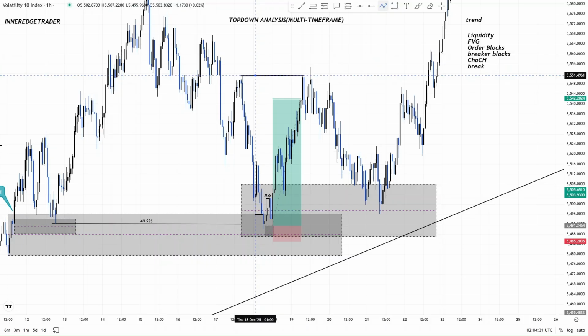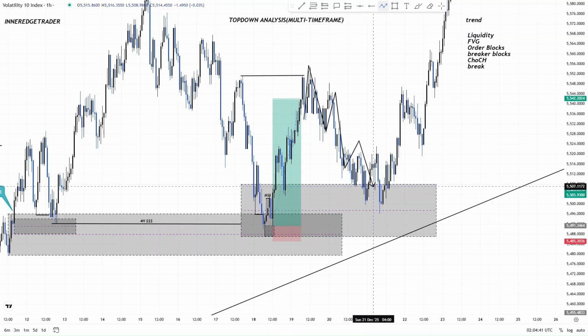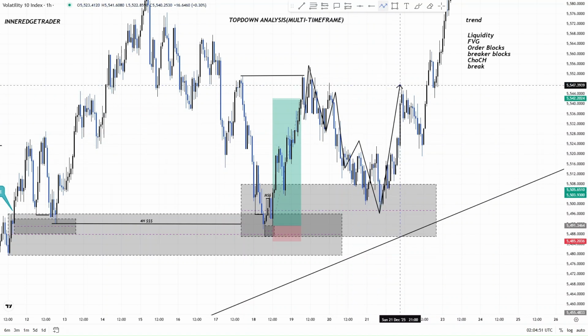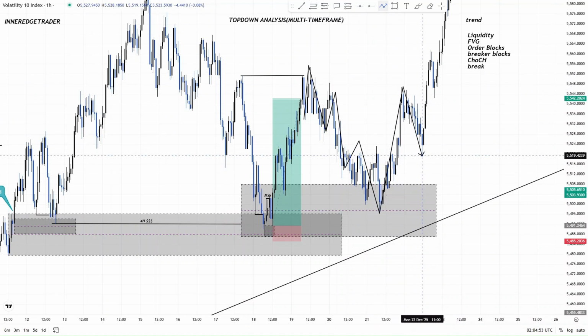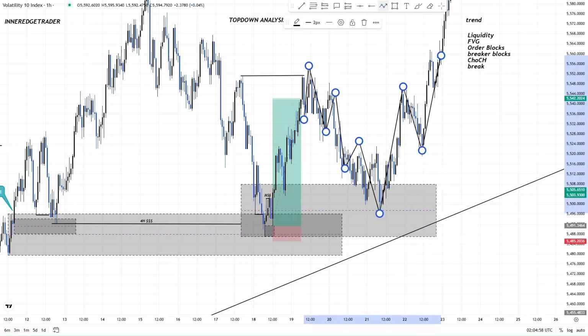After a change in character on the 1 hour time frame, market started to make a series of lower lows before making a market structure shift also on the internal structure. Then it retested at that point and started to move to the upside.